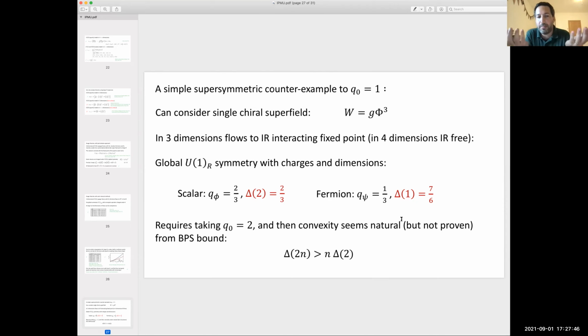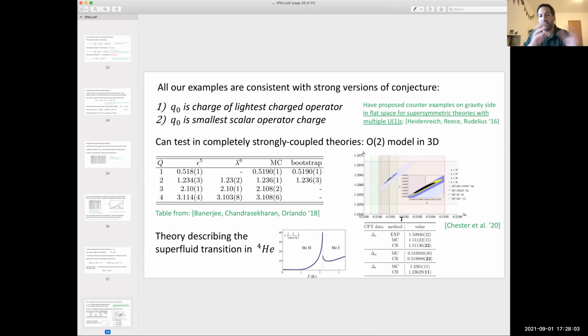Therefore, by the BPS bound, the delta of 2n, so the charge 2 to the n, is bigger than n times delta of 2. So if we take Q0 equal to 2, that's okay. If we restrict to the scalar pieces, then we're fine. But if we allow scalar and fermion to mix when we look at convexity, then it's not convex. So you can't look at convexity mixing the 2 different spins.